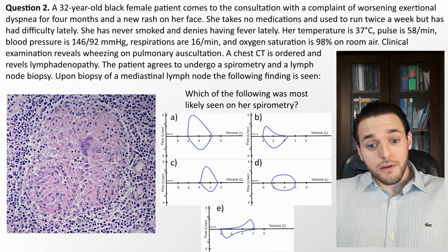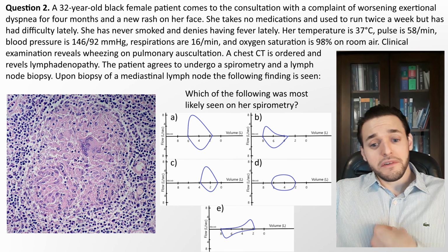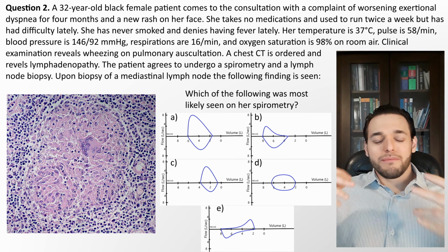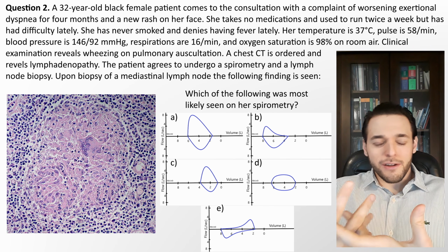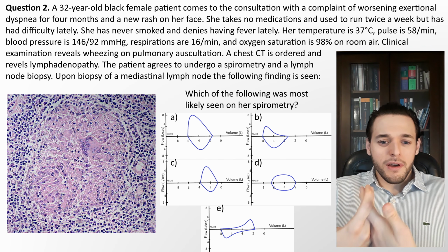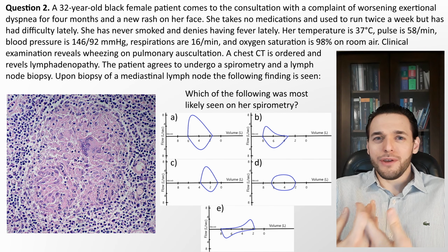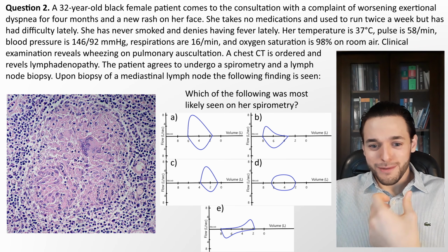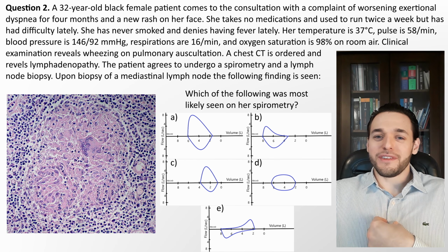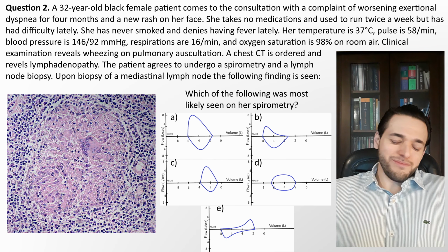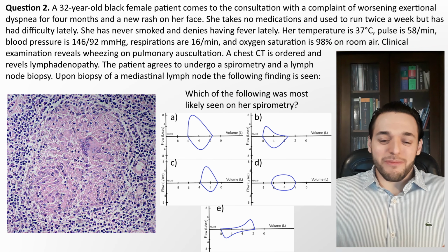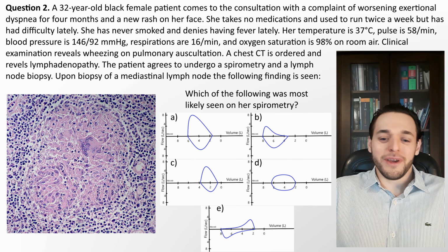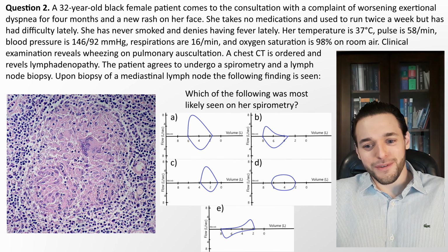The chest CT was ordered and revealed lymphadenopathy, and this is pretty much what closes our diagnosis. Of course, we have the biopsy, but we have a patient with respiratory symptoms, with lupus pernio that presents with mediastinal lymphadenopathy. So this is pretty much characteristic, this is pretty much showing itself as sarcoidosis.